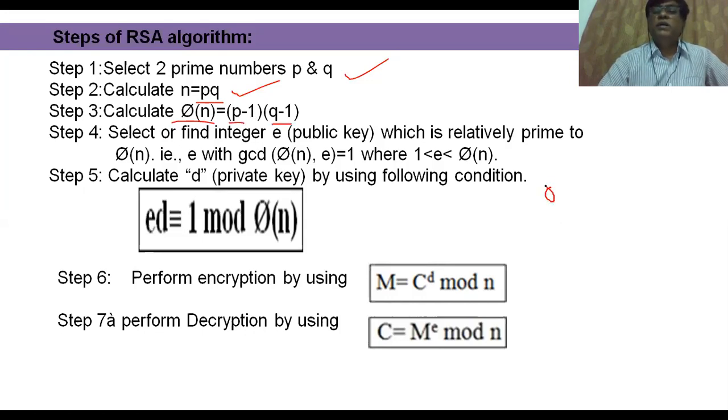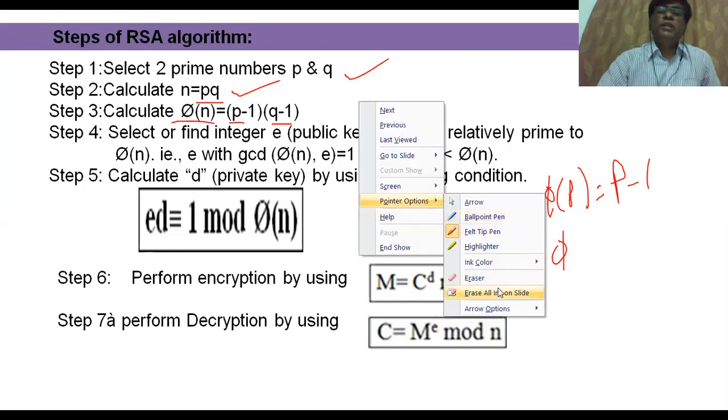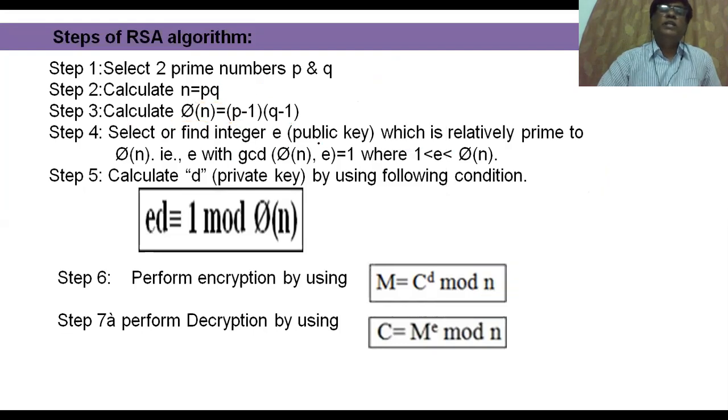So calculate the Euler's totient value, that is phi N, using this.